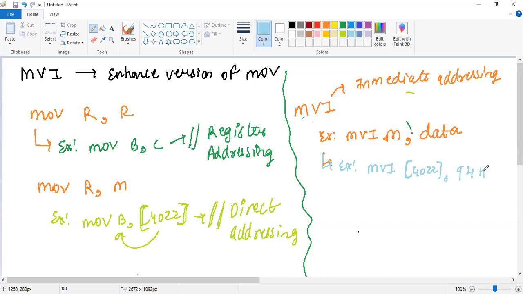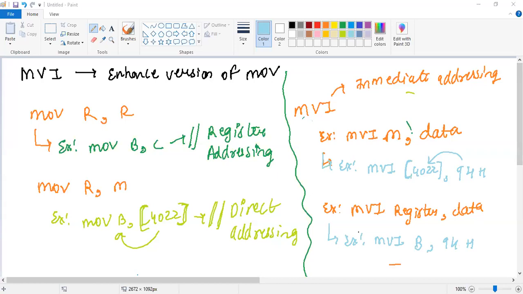So in this case, we are directly moving our data into the location. Next, MVI register comma data. An example would be MVI B and data. In this case also we have given our data directly, therefore it is an immediate addressing mode, and our data will directly move into register B.